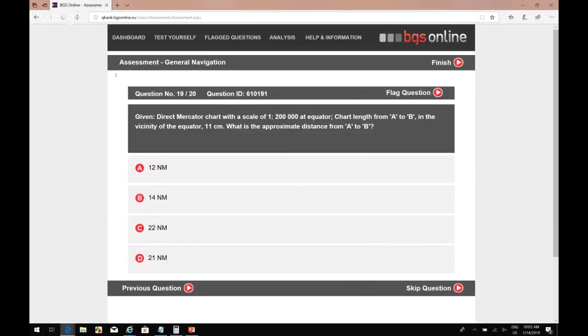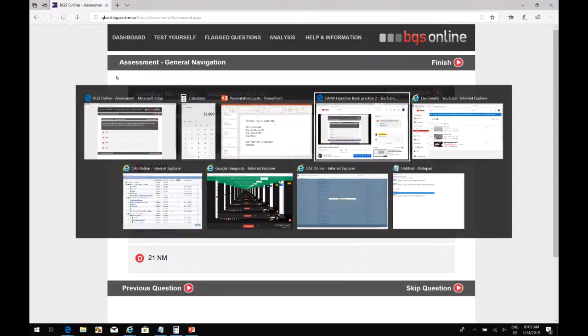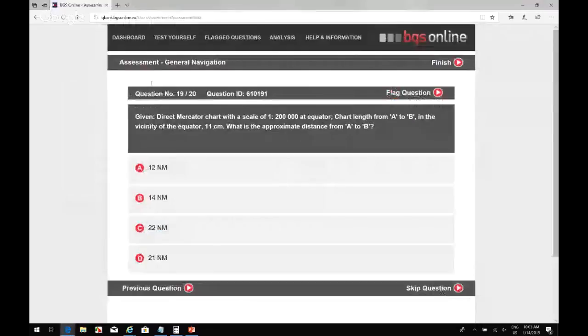Given, direct Mercator chart with a scale of 1 to 200,000 at the equator. Chart length from A to B in the vicinity of the equator is 11 centimeters.